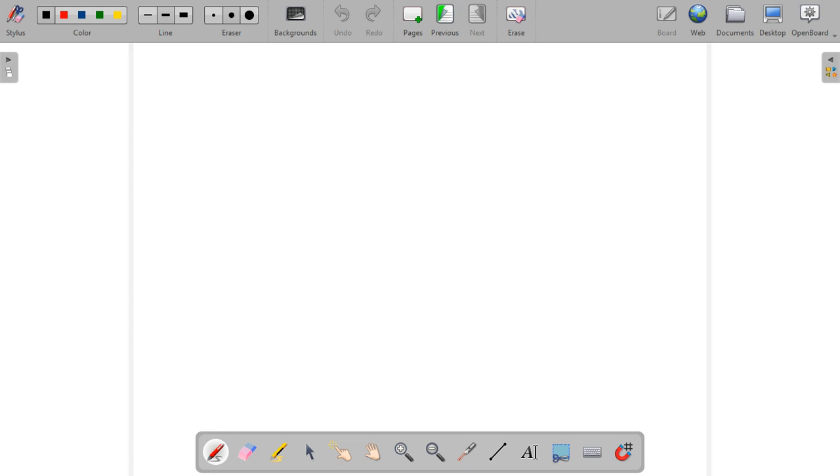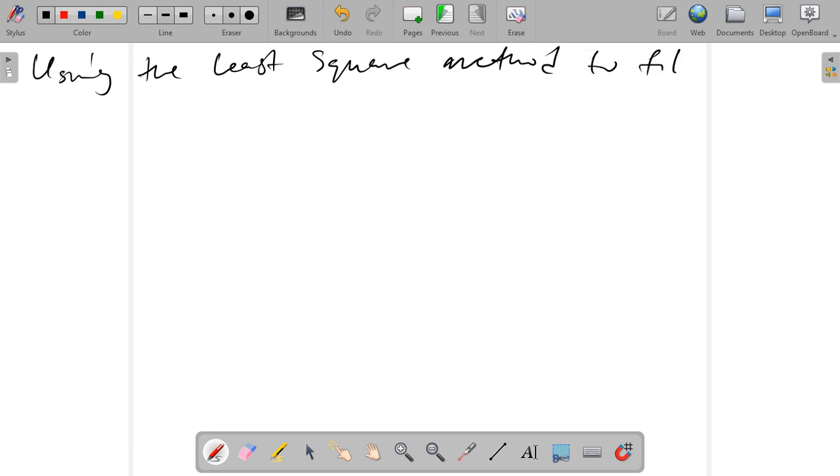Okay, so example: use the least square method to fit the line, not lines but line, a plus bx.